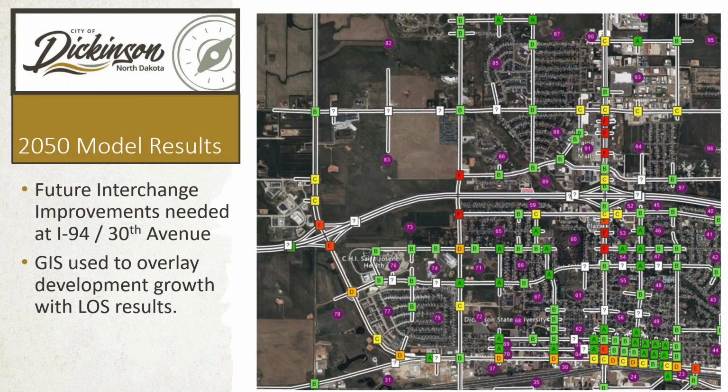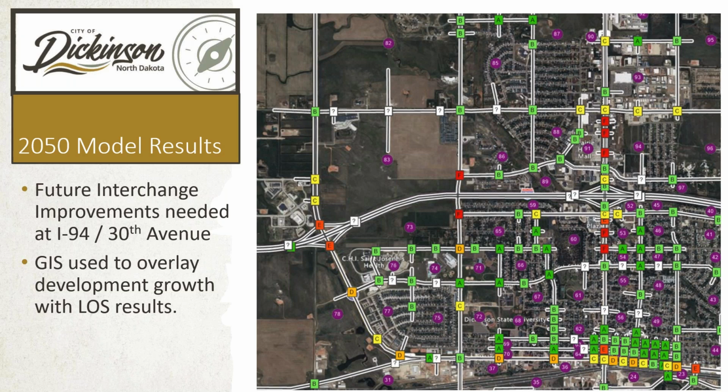As we started looking at our 2050 results, we were really able to identify where developments were putting strains on those I-94 interchanges. And we were actually surprised that the capacity of the Business 94 loop going into downtown was still operating at level of service C or D for most of those intersections.